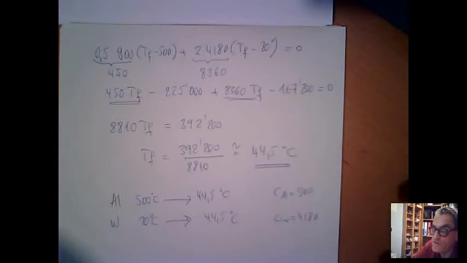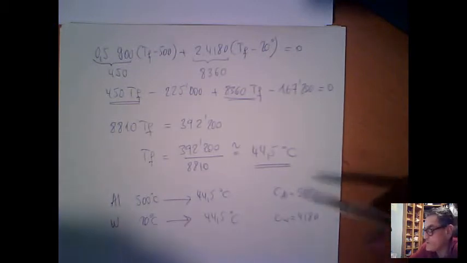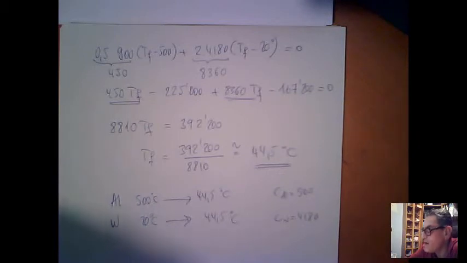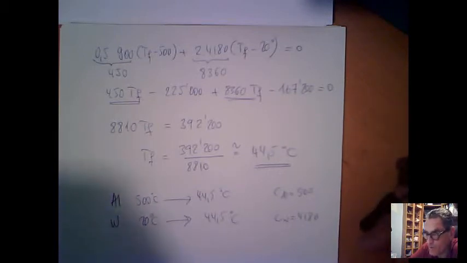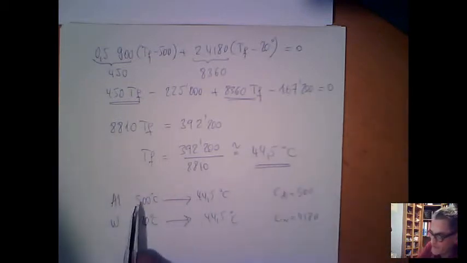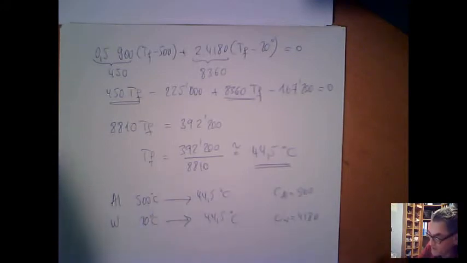We have 2 kilos of water, half a kilo of aluminium. So there is 4 times less aluminium, and the constant is about 4 times smaller. 4 times 4, 16. There should be a kind of 16-ish relationship between the temperature differences. I guess it's not that wrong. Yes, it's not that wrong.